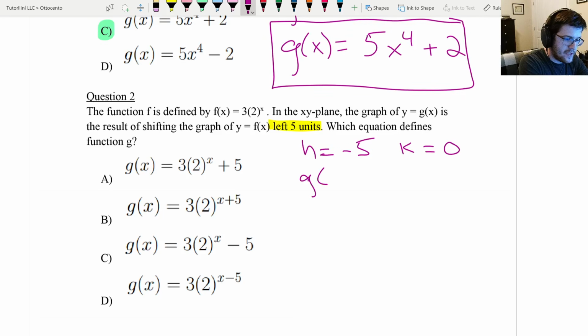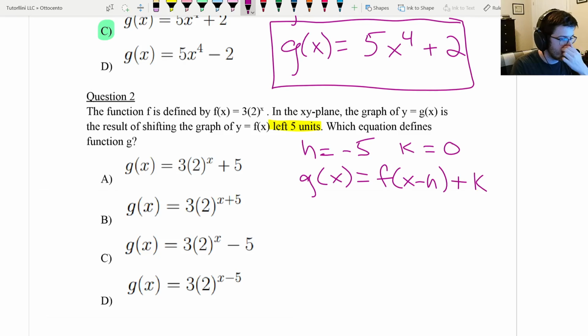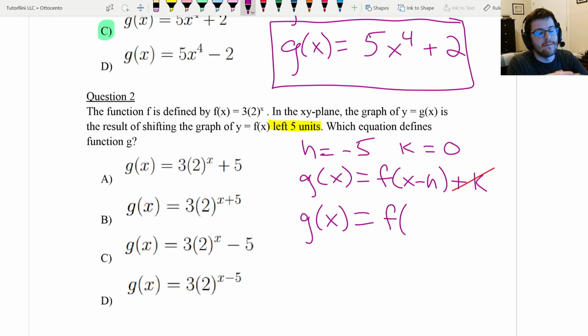We're going to once again do g of x equals f of x minus h plus k. There's no k, right? So we can just get rid of this. And we get f of x minus negative 5, which is really x plus 5. Remember, the sign of h gets changed.